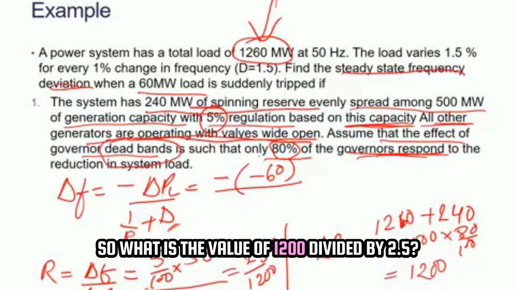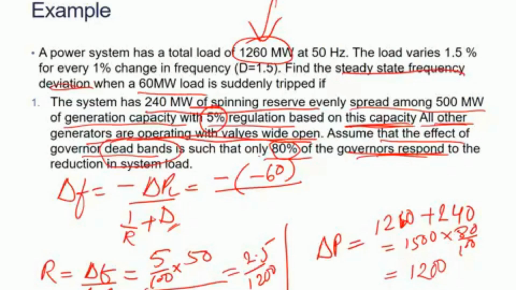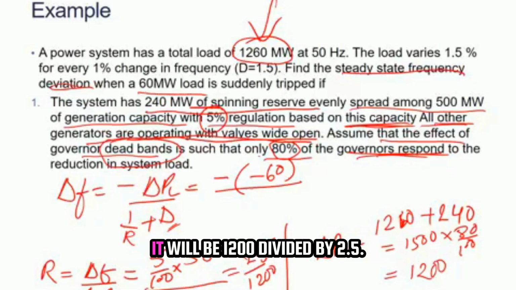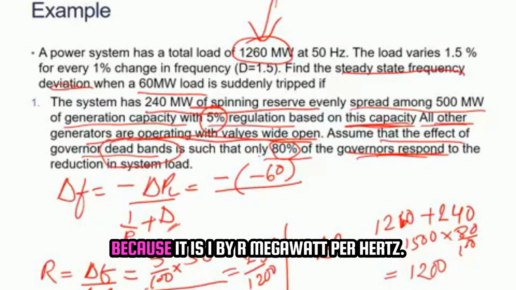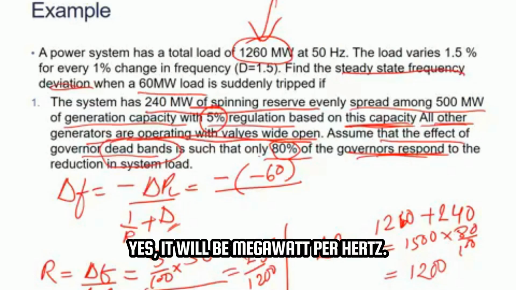What is the value of 1200 divided by 2.5? 480. And what will be the dimension, because it is 1 by R? Megawatt per hertz. Yes, it will be megawatt per hertz.